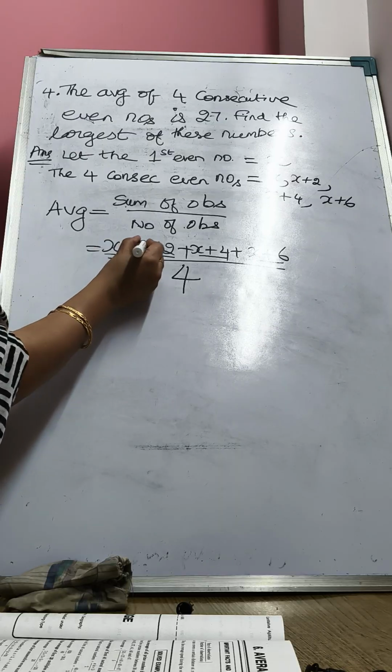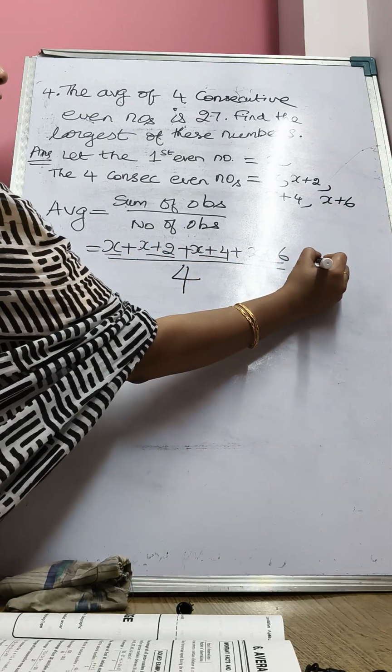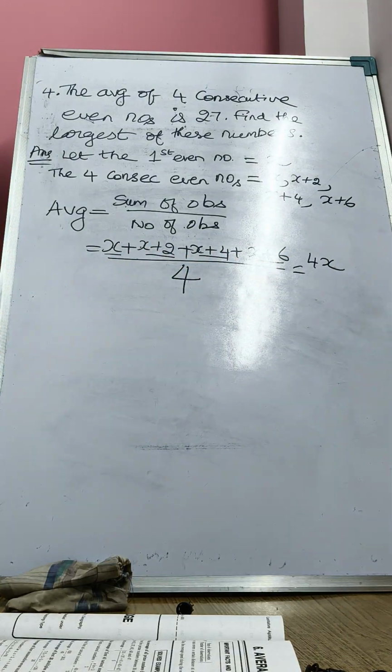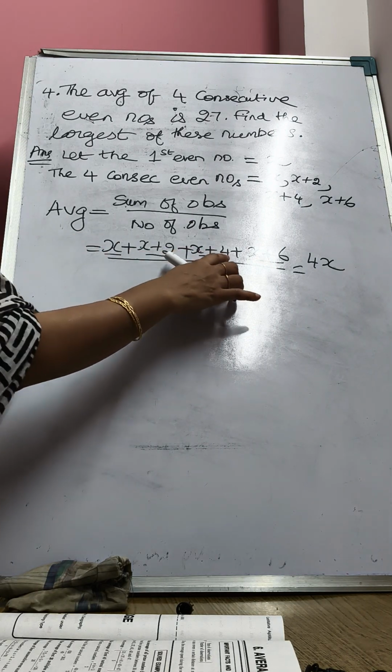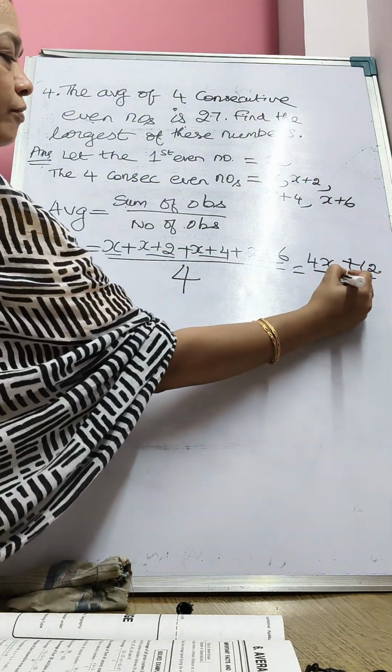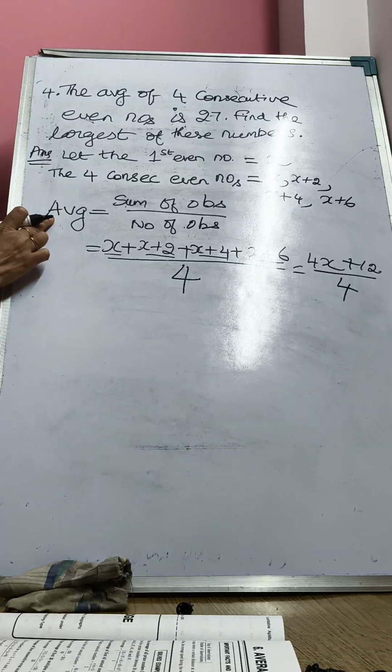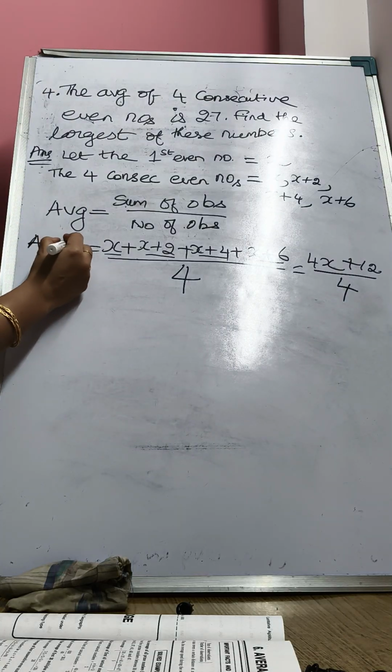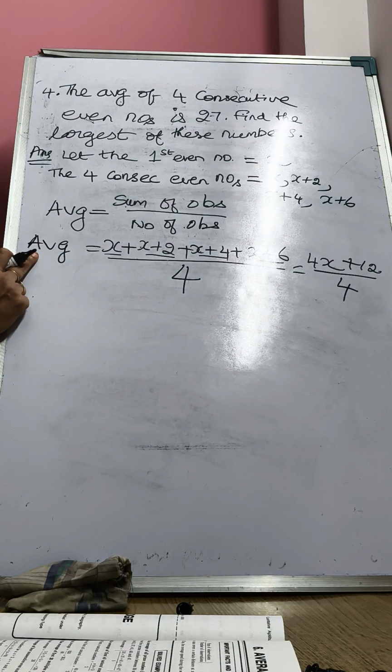Now this gives x plus x plus x plus x, which is 4x, plus 2 plus 4 is 6, 6 plus 6 is 12. 12 by 4. Okay. Now here on the left hand side we have the average. This average is given in the question.